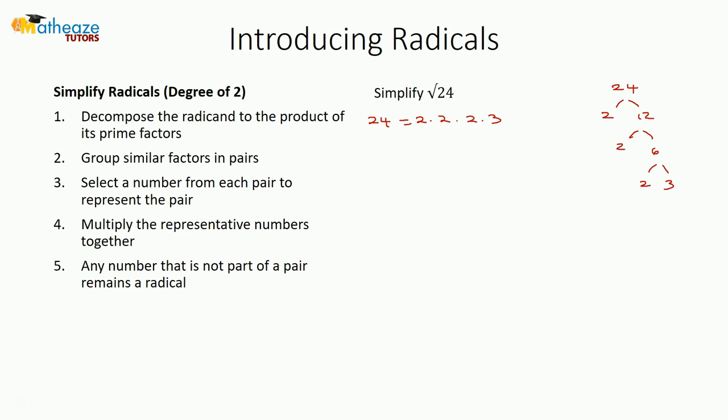So let's group, we just have this pair of 2s. So the square root of 24 is 2, and then we have 2 and 3. This 2 right here comes from a representative pair. This doesn't, so we're going to put a radical sign around it. So this is going to be 2 square root of 6.